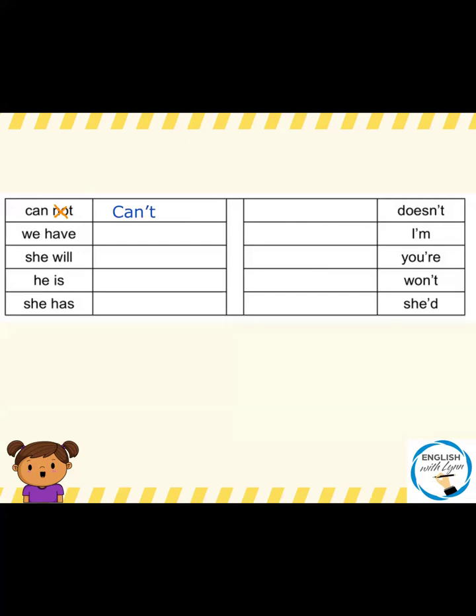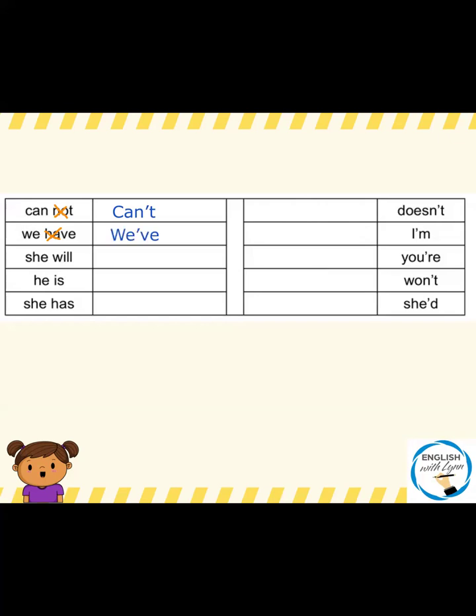Okay. If we say "we have", we end up with "we've". And what we have to do, we are missing the H and the A. So what we end up with, put your apostrophe in there, you end up with the WE and then the apostrophe and then the VE.